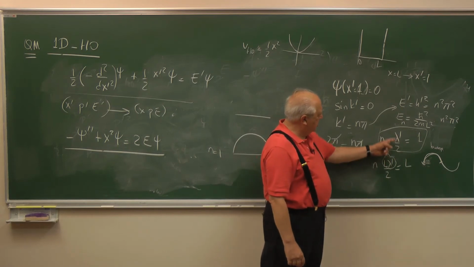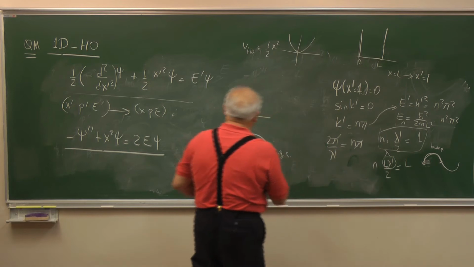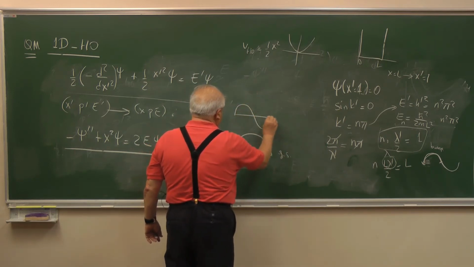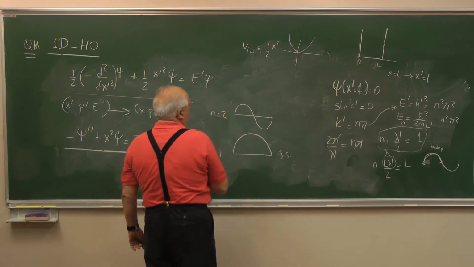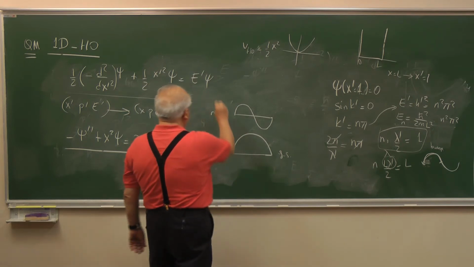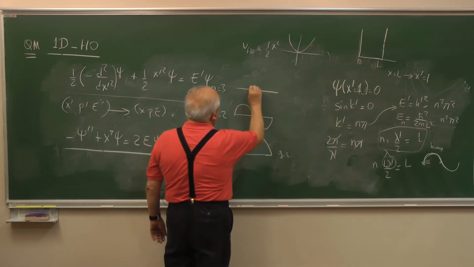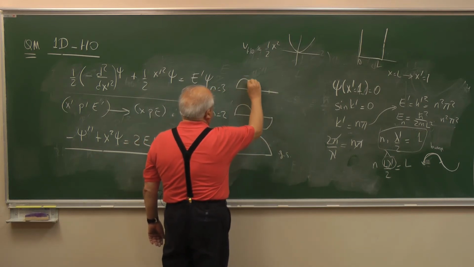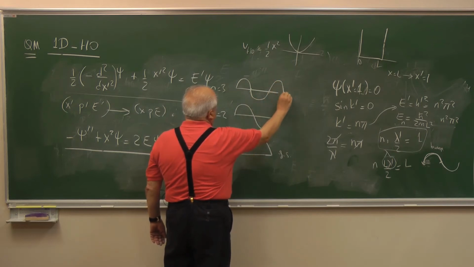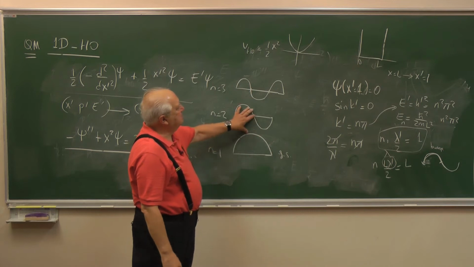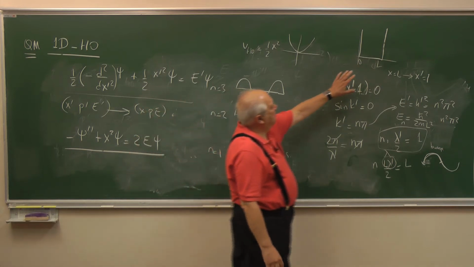One is like this. The other one follows like that. This is the n equals 2. And for the third one and the last one, n equals 3, put 3 bumps. Divide into 3 and put a bump. So these are the wave functions of the infinite square well.